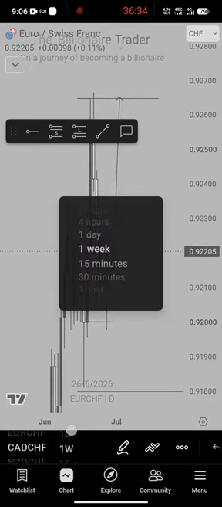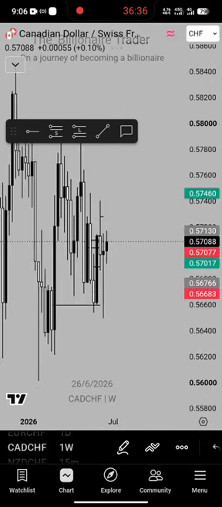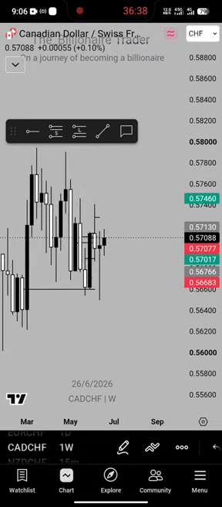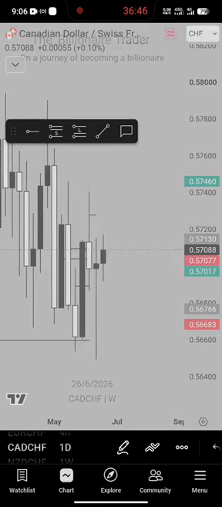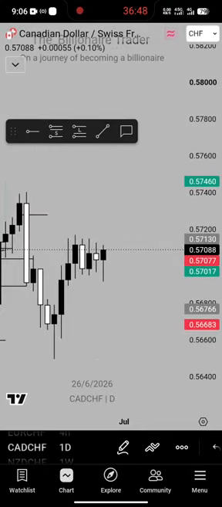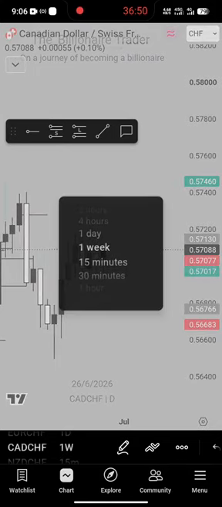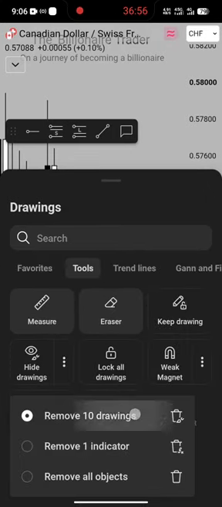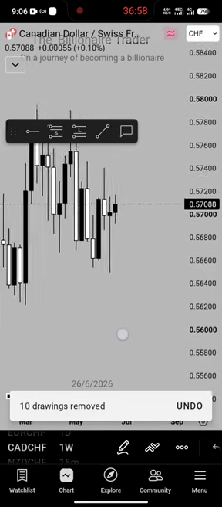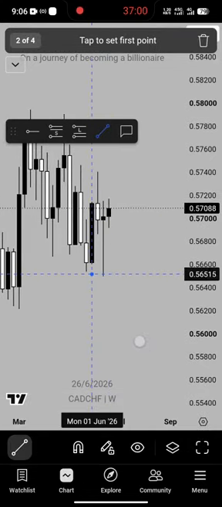Okay, CAD CHF. The same thing on CAD CHF. So on CAD CHF, price swept this low.